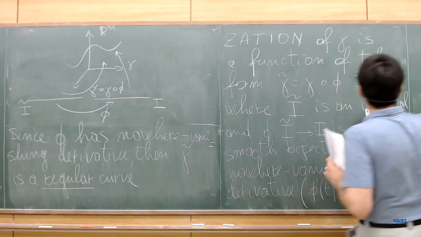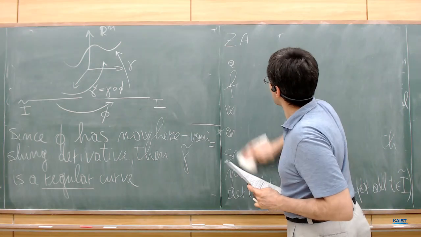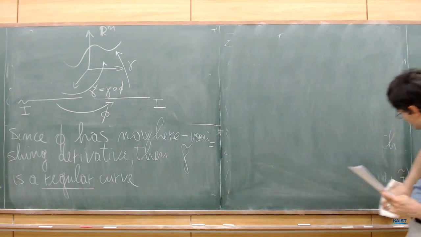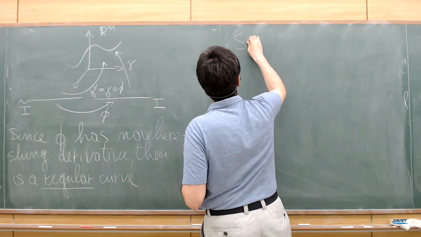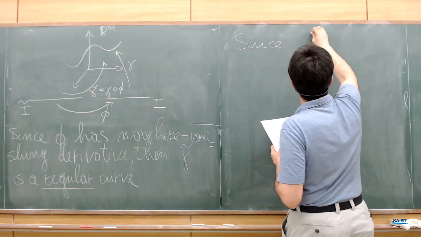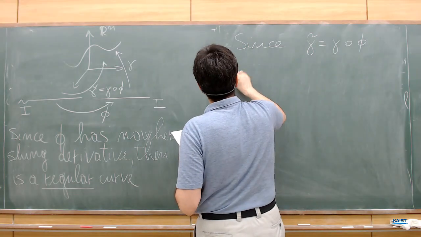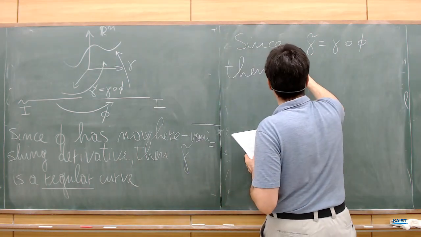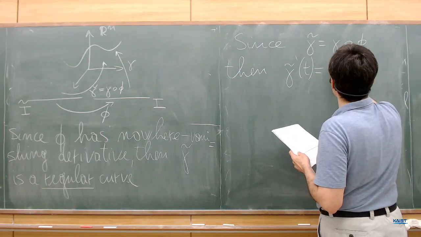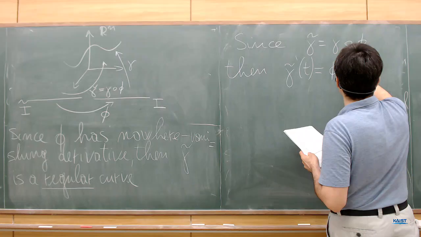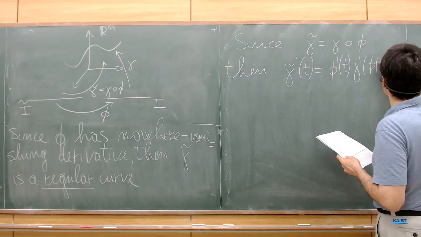It's a simple application of the chain rule. Since gamma tilde is gamma composed with phi, then gamma tilde prime of t by the chain rule is given by phi prime of t times gamma prime of phi of t.